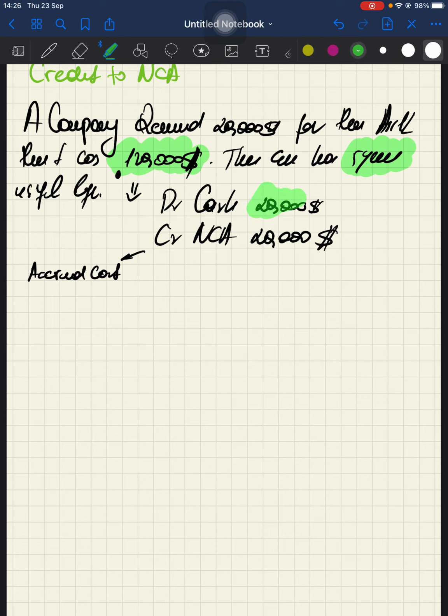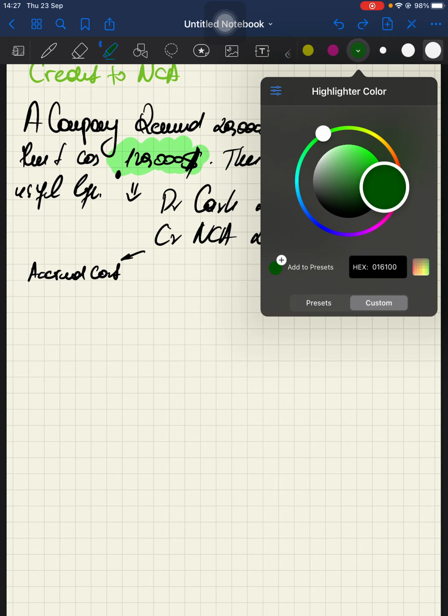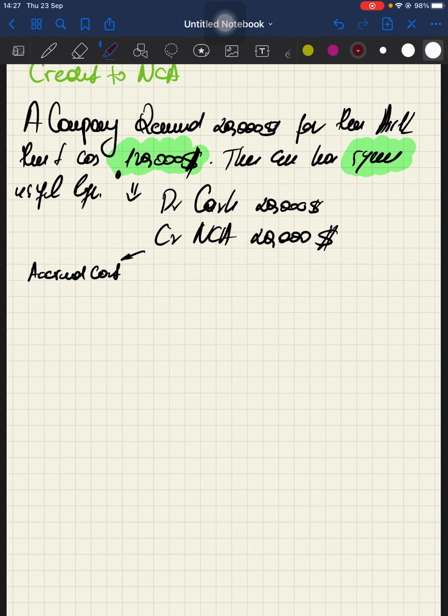So this amount that we have received, 20,000, should be recorded in our statement of profit or loss over the period in which we will benefit from the use of the asset. As in our prior example, this amount will be split as 5,000 the first year, 5,000 the second year, 5,000 the third year, and 5,000 the fourth year.